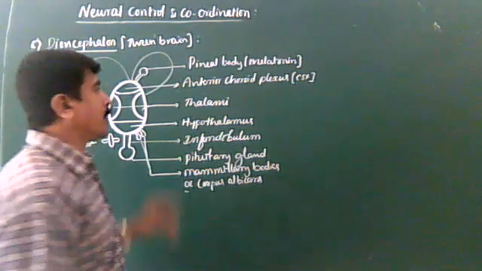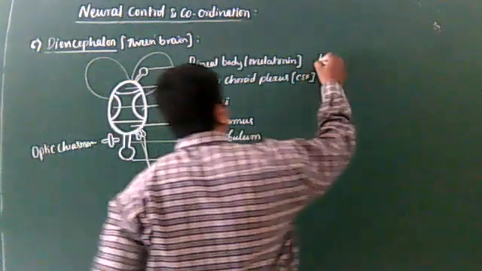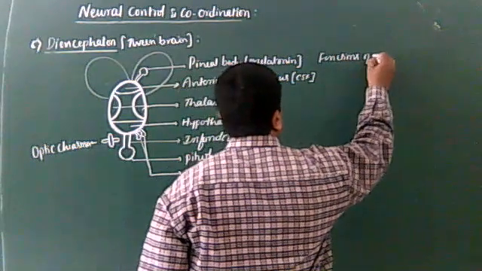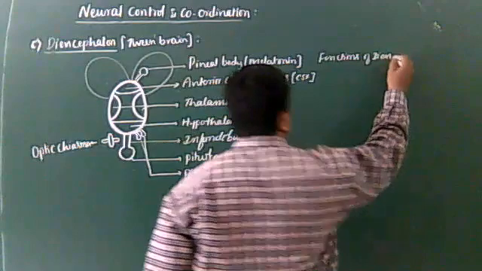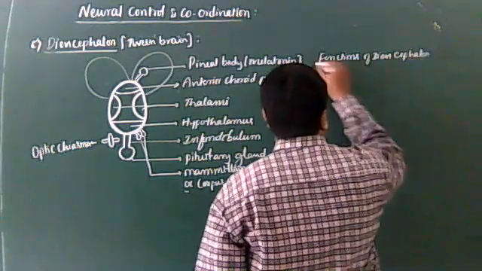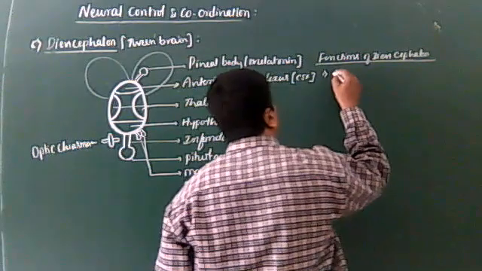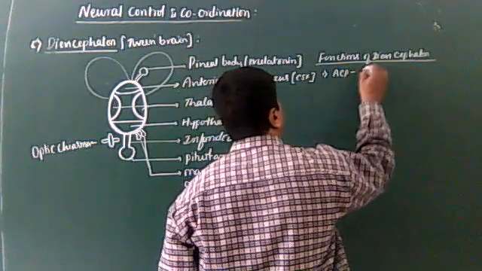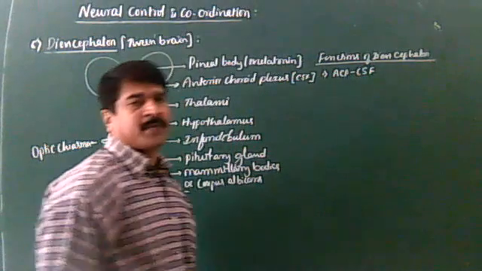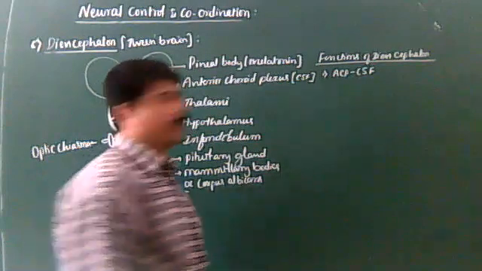Clear? Okay. Now let us come to the functions of the diencephalon. Look at the board. Number one: the anterior choroid plexus secretes cerebrospinal fluid.